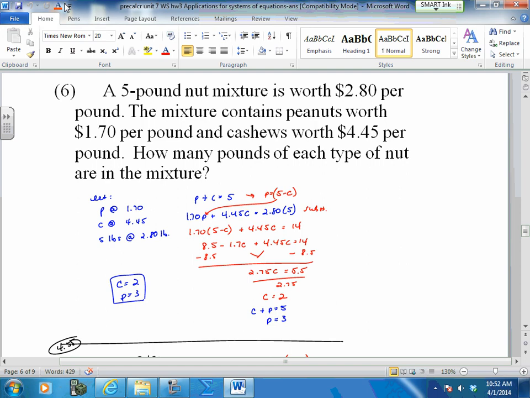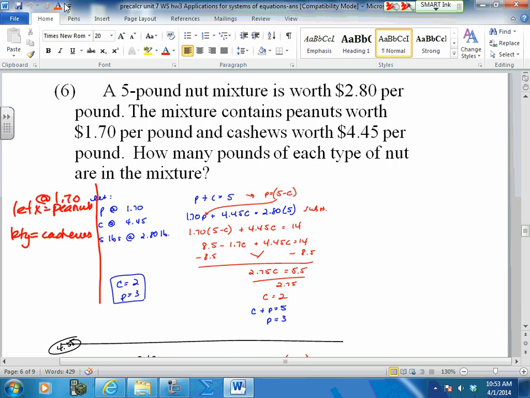So how many variables do I have in here? 2. One's peanuts, one's cashews. Now, let's let x equal the peanuts and let y equal the cashews. Okay? How much a pound are my peanuts? $1.70.